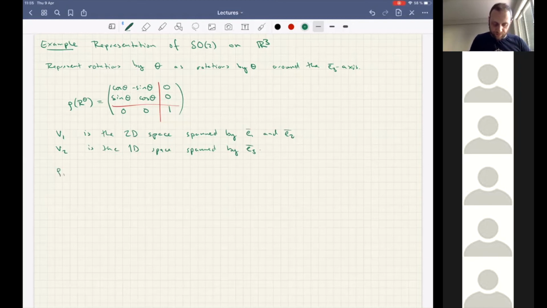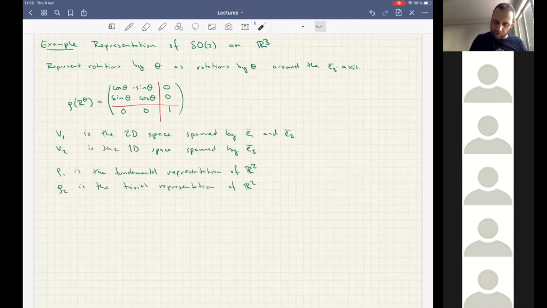Rho 1 is the fundamental representation of R2. So we are just having the fundamental representation of R2 in the two-dimensional subspace of R3. And then rho 2 is the trivial representation of R2. We see that because all of the elements are represented by a 1 in the third direction.